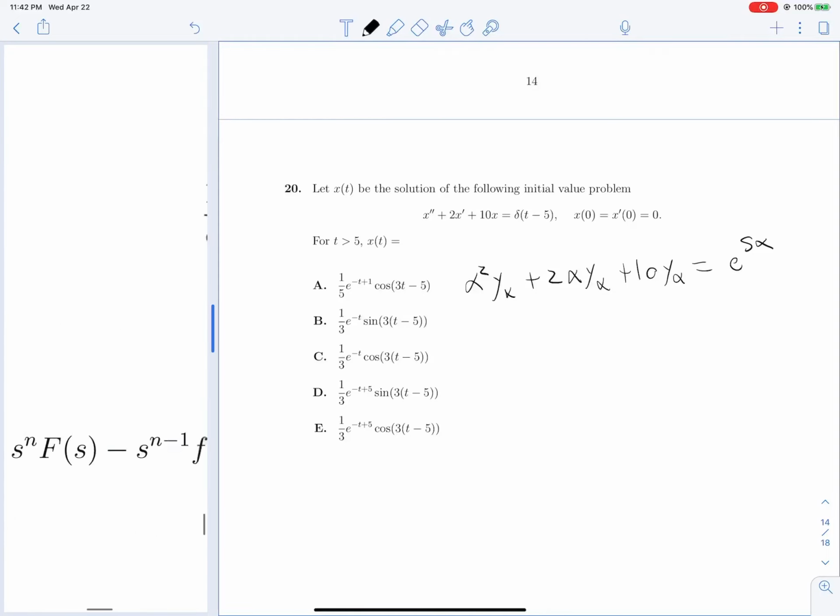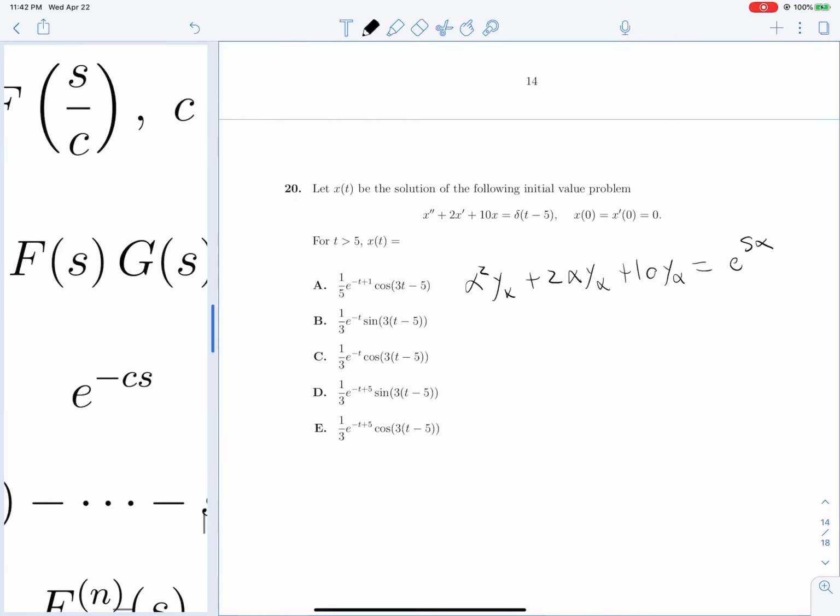delta at t minus c is e to the negative cs. So we can say that Y of alpha is equal to e to the negative 5 alpha times 1 over alpha squared plus 2 alpha plus 10. Can we write that in a nicer way? I think we can. Oh yeah, look at that.